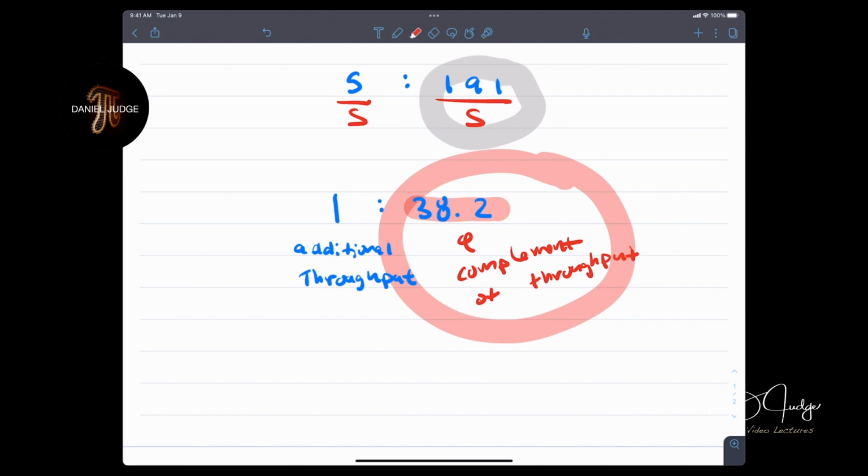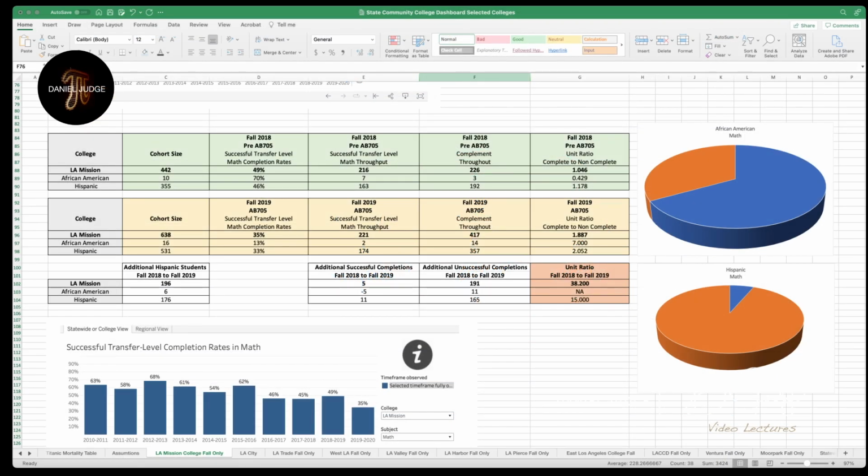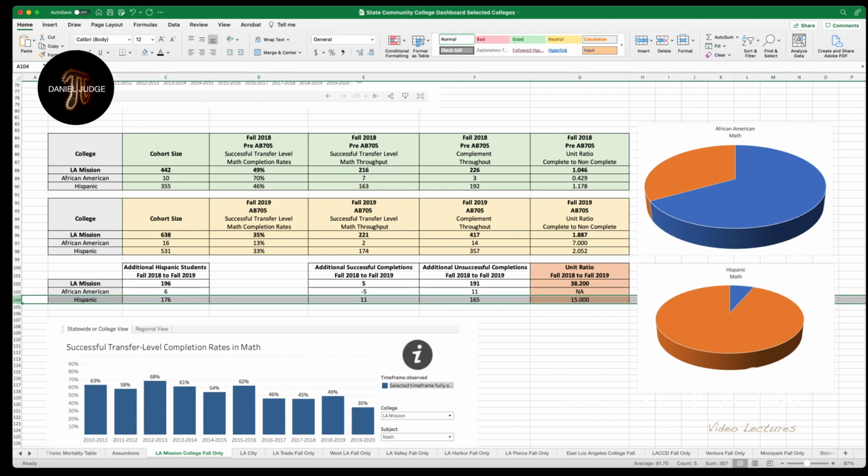Well, let's take a look. If we go back to the spreadsheet here now, remember the lesson I gave. I'm going to go to Hispanics first for a good reason on this worksheet. And on the right side here, these are the unitizing ratios I just did, so you guys can see that. I want you guys to summarize it all and look there, because I did the math for you already.